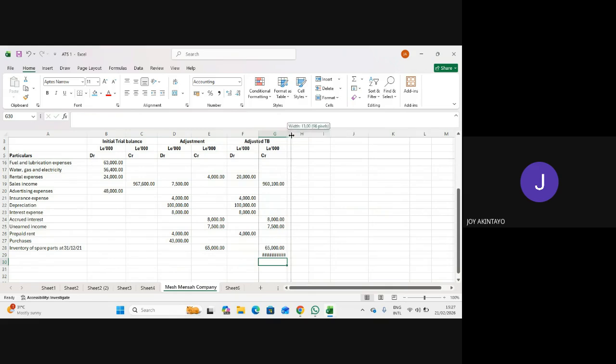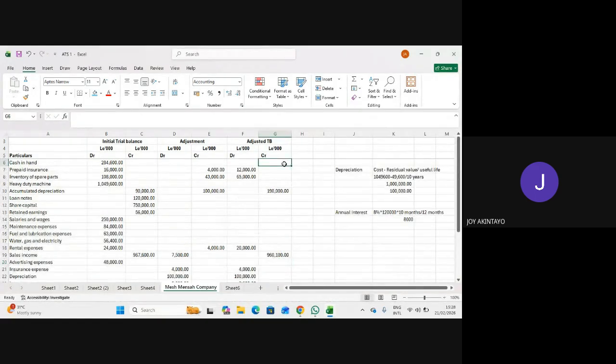All this, the one without adjustments, we'll just bring it here. You rewrite them. We don't need this. Okay. This will be on the debit side. We've adjusted this. Debit side.